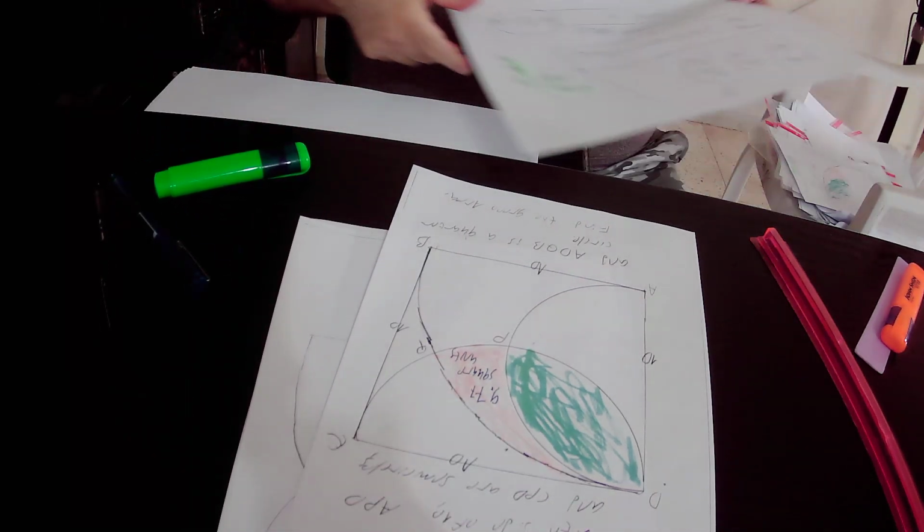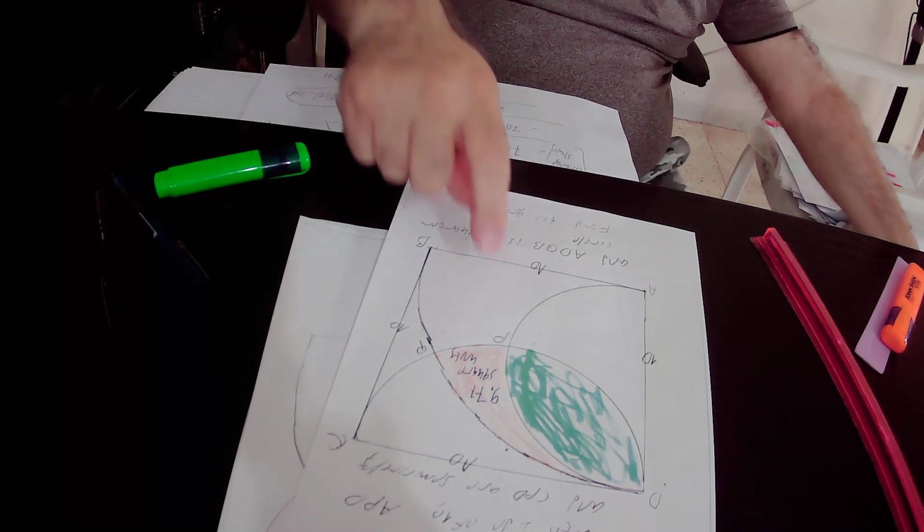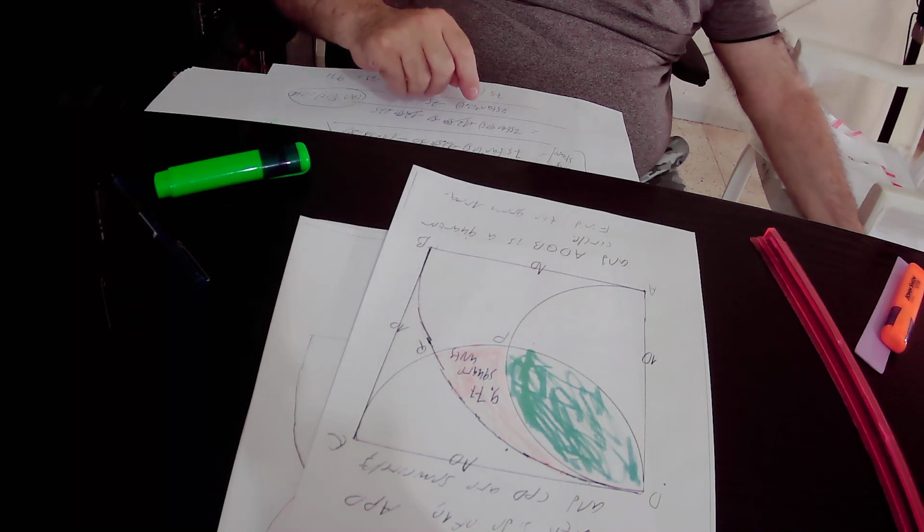In the next step I present to you how to find out the area of this orange shape according to the second method.